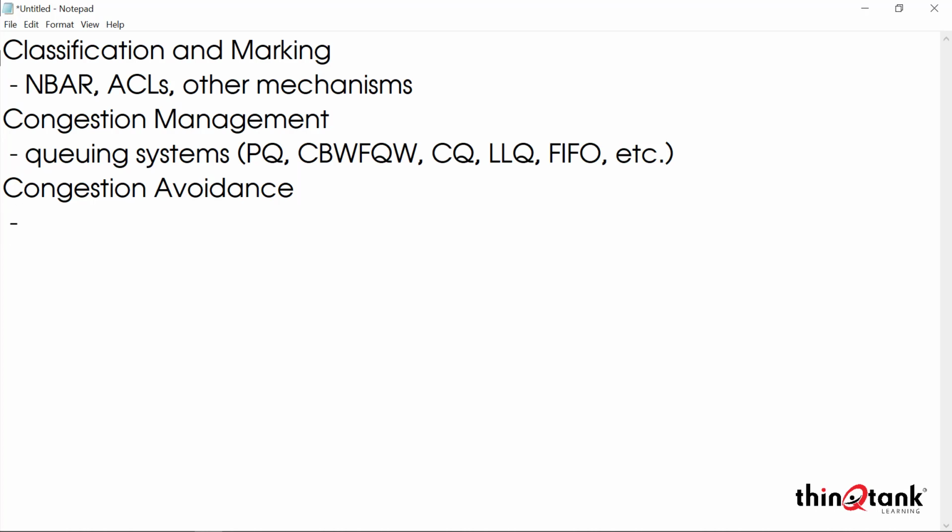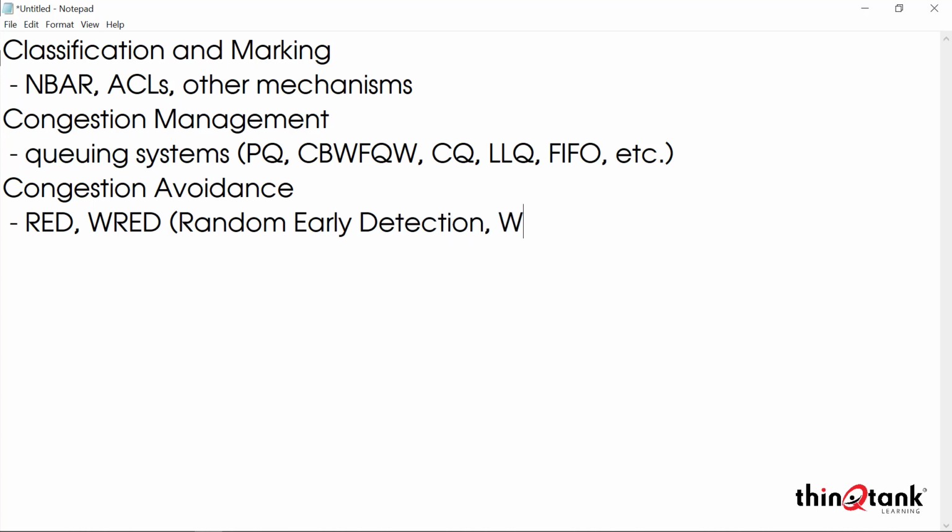Congestion avoidance, there's really only two types of congestion avoidance mechanisms, RED and WRED, which stands for random early detection and weighted RED. And basically the concept of congestion avoidance is I'm monitoring my queuing system, I'm monitoring my traffic flows, and I start to recognize that congestion is occurring.